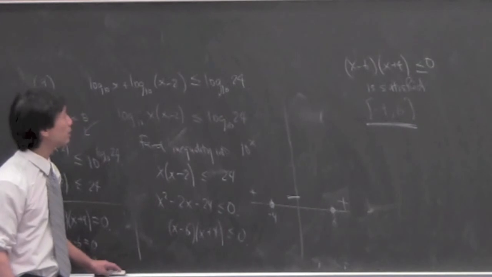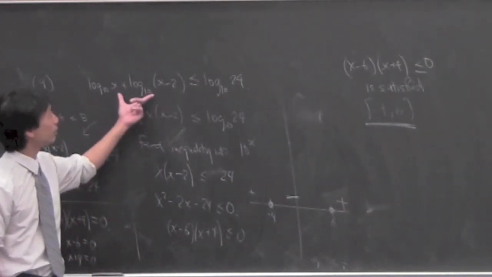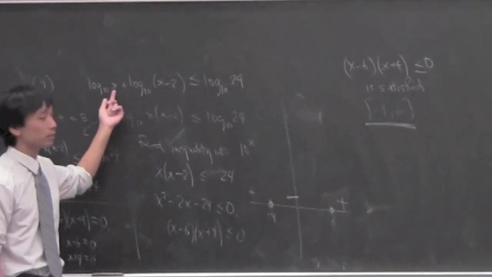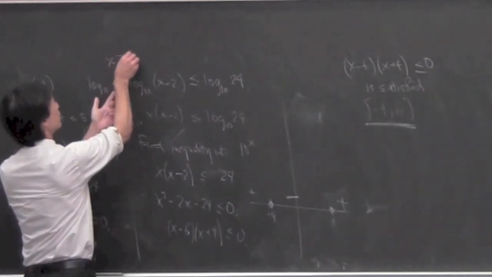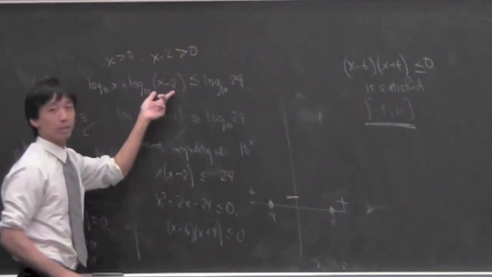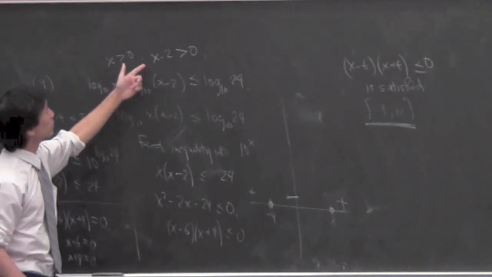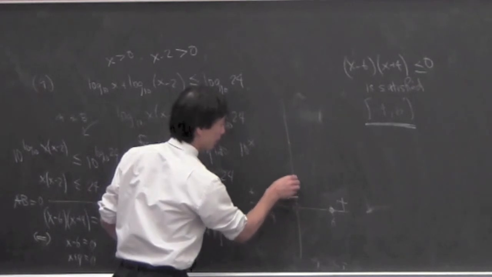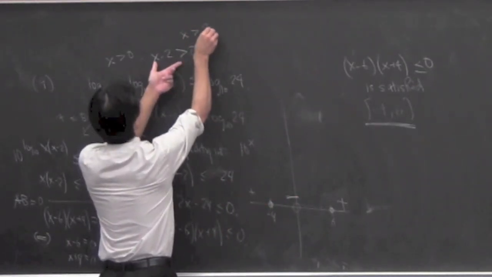That seems to be the solution, except we have to look back at our original expression. What constraints do we have on it? Well, x has to be bigger than 0, so it can't be negative. Also, x minus 2 has to be bigger than 0. So we have to be on the right side of 0, and x has to be bigger than 2 also.